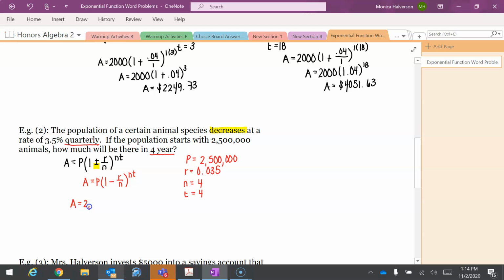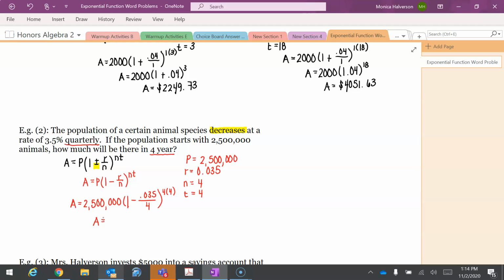So now we're going to plug this into the equation. A is equal to 2,500,000 times 1 minus 0.035 divided by 4, all raised to the 4 times 4. So you're going to use order of operation to solve this.